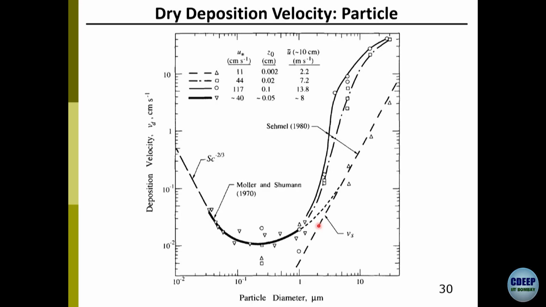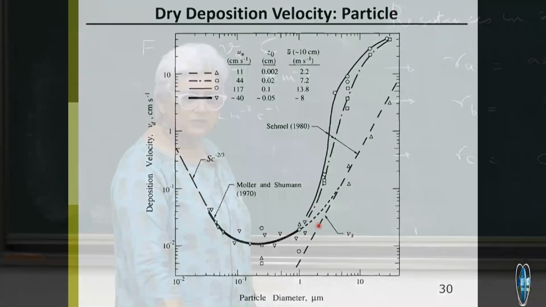So this is deposition velocity versus particle diameter in real world measurements, right? So one of the things you all might have heard of is flux tower measurements and so on and so forth, where you measure velocities also at multiple heights from the Earth's surface and so on.